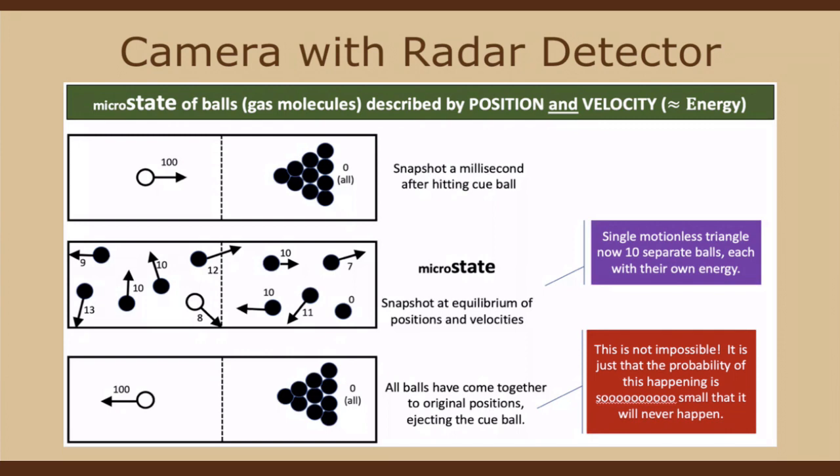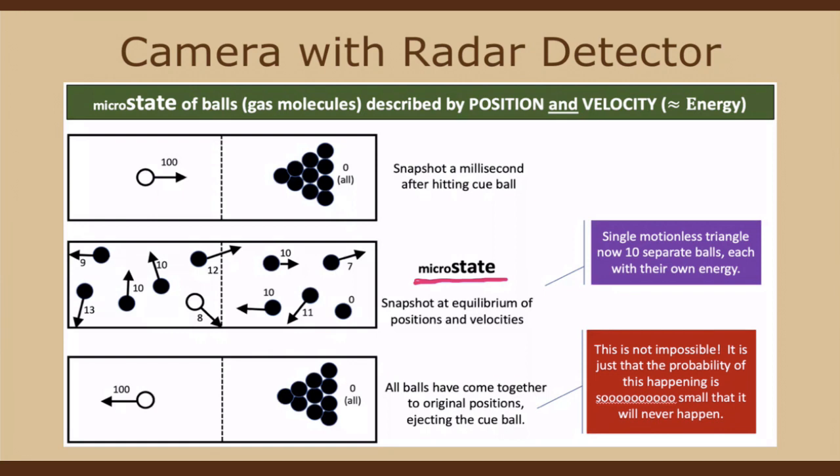And then you break, and all the balls are going all over the table. That's the middle picture. They're all going at different speeds, in different directions, and they're at different locations. So this is a more complete picture of the microstate. Before, we just said where they were. Now we're adding which direction and how fast.